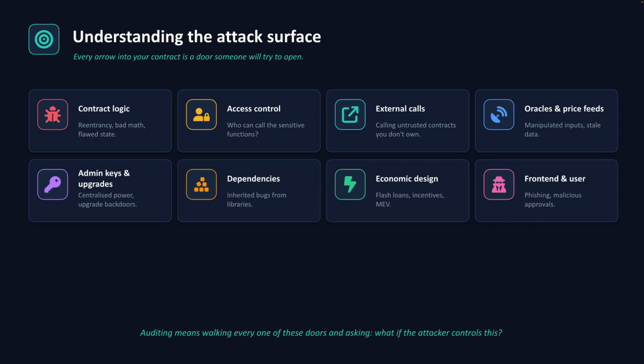Then the last attack surface is front-end and user, wherein the attacker can use activities such as phishing to get malicious approvals from the user and then submit those approvals on-chain. These are the 8 attack surfaces when it comes to smart contract security. Auditing means walking every one of these doors and asking, what if the attacker controls this?